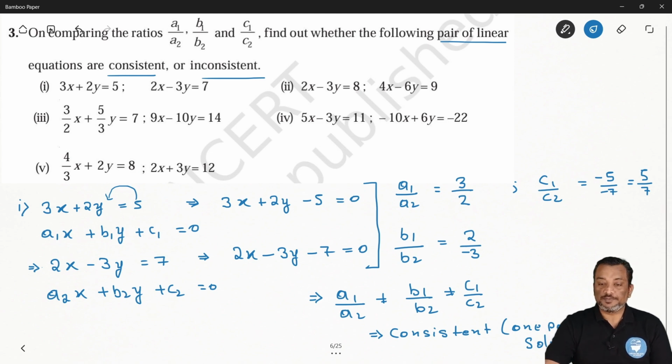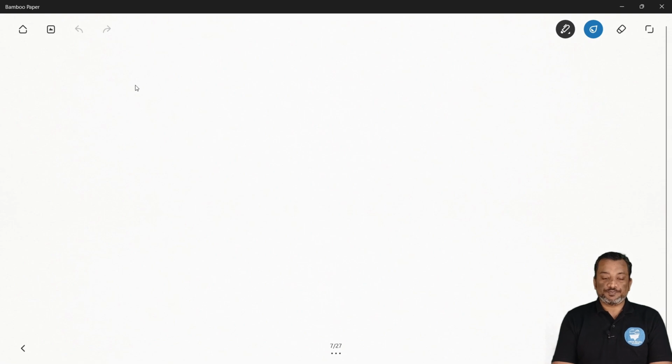नाउ अब आते हैं सेकेंड क्वेश्चन में। तो हमारा सेकेंड इक्वेशन क्या बोल रहा है? We will see here.